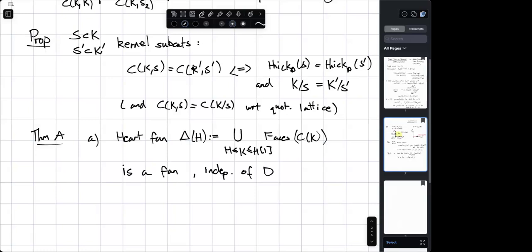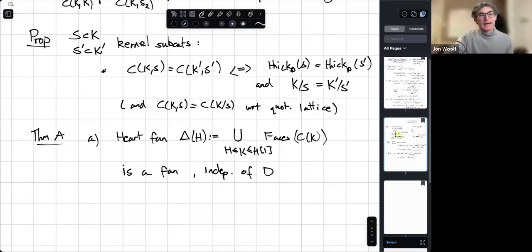So is there a more subtle reason as to why Serre subcategories wouldn't be enough for this proposition? It's really because you have an adjunction between all Serre subcategories and all faces. But in order to relate them, you need to pass to the associated bijection. So you get a bijection between the kernel subcategories and the faces of the form CKS. And then, because you have a bijection, you can reasonably hope to relate what's happening with those faces and what's happening with the corresponding kernel subcategories.